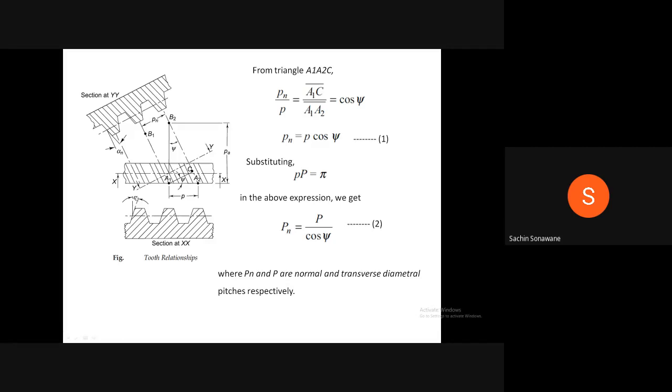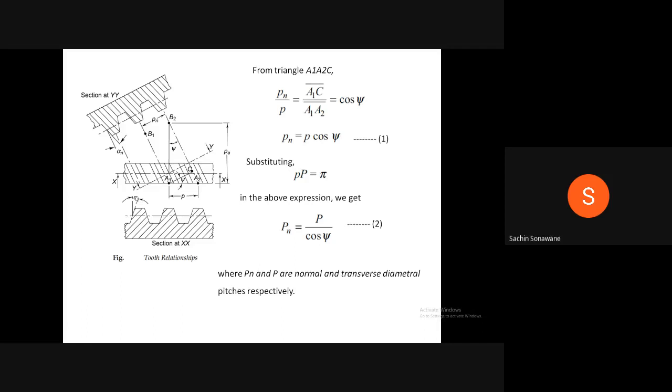And alpha is nothing but pressure angle. Okay, I think you have written.